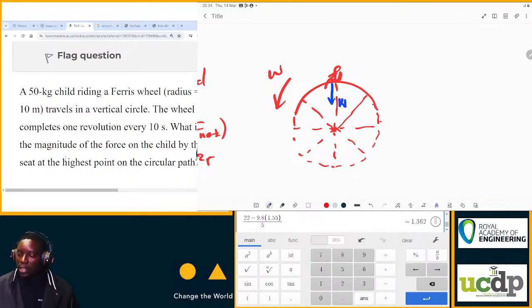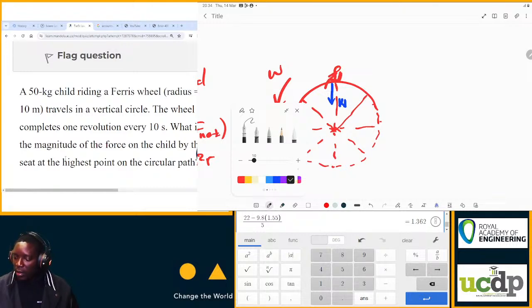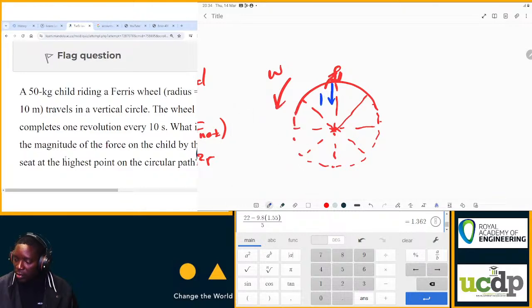Because there is a force keeping the child in motion, we also know that we have the net force, Fc. So let me put the weight on the other side. Then we also have the resultant, Fc, in that direction, which is the centripetal force.